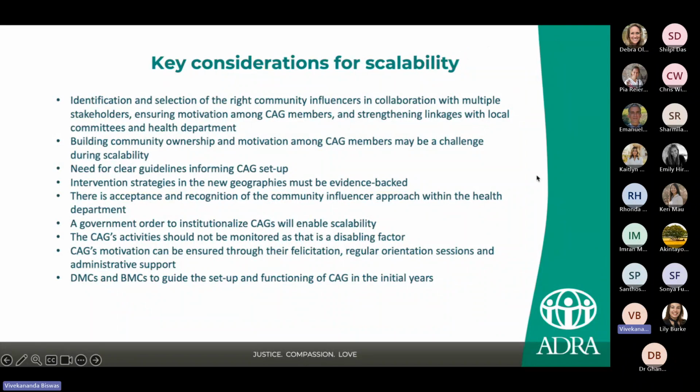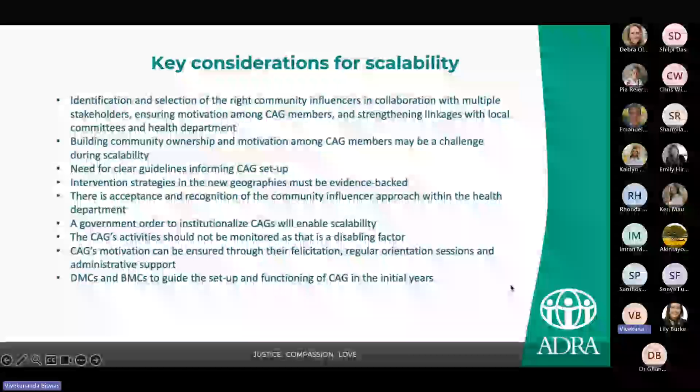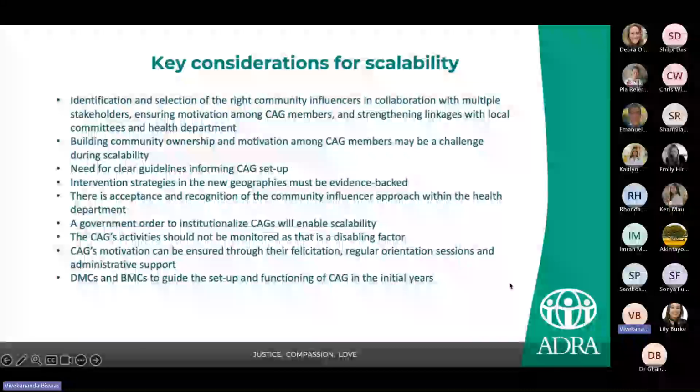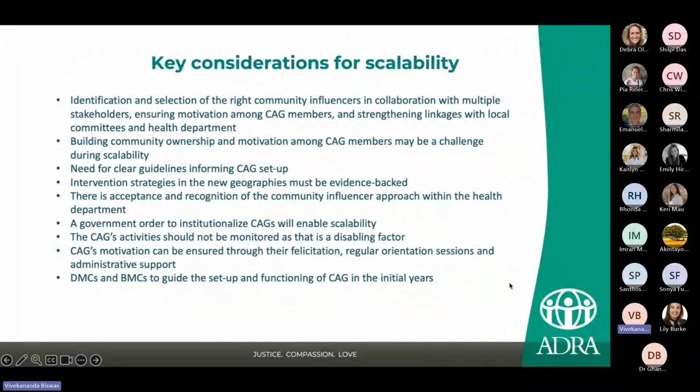If I summarize these two points about sustainability and scalability, the first thing is identification and selection of the right person in collaboration with multiple stakeholders, involving the local frontline health workers, and also establishing a strong linkage with the local communities and the health department.